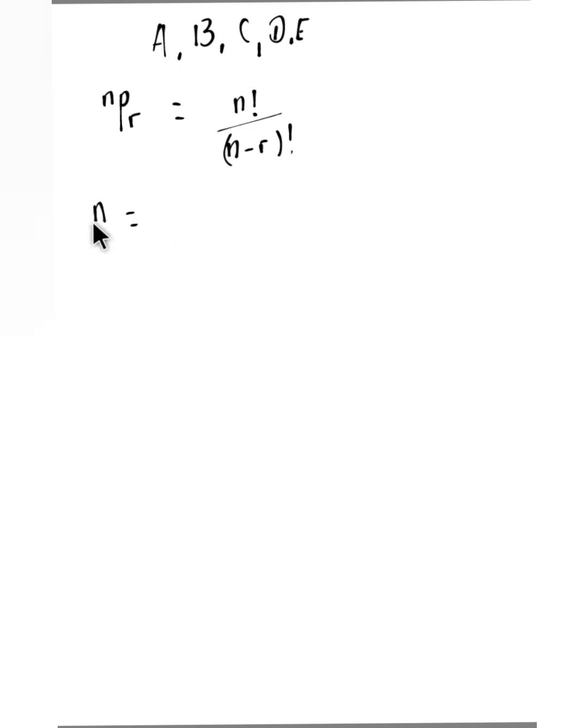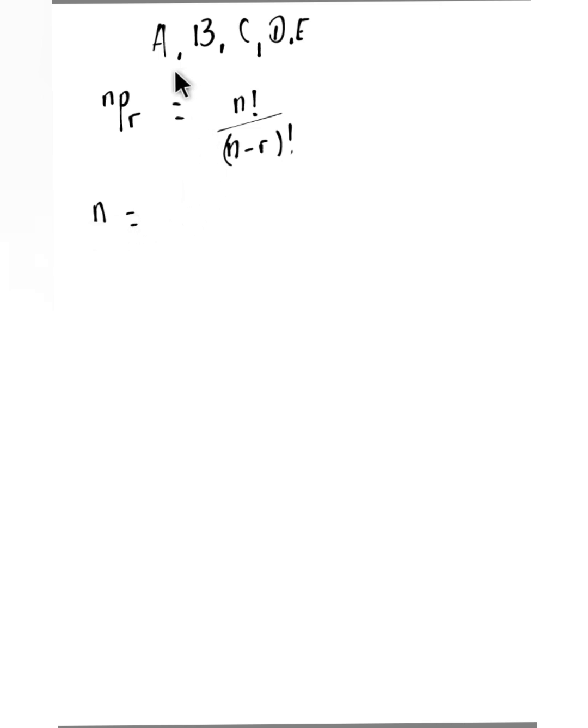Remember that we were given A, B, C, D, and E, and we were asked to find the number of ways that we can choose 2 alphabets out of these 5 alphabets. Now, the formula that we're going to use is nPr equals n factorial all over n minus r factorial, where n is the number of objects given.